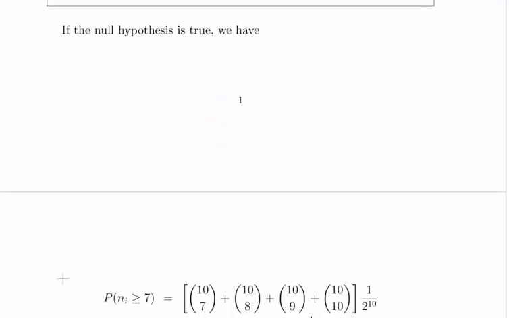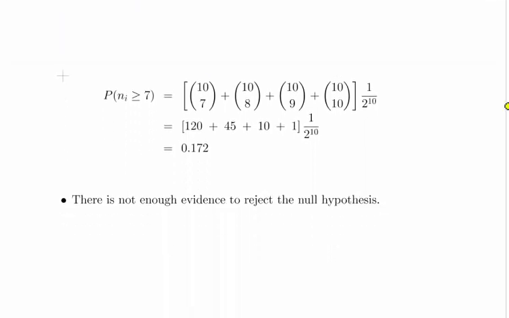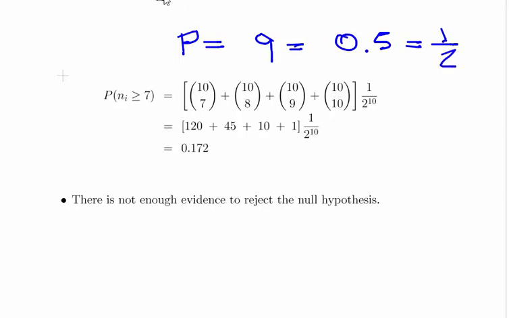When you work it out, you'll realize it pretty quickly. P and Q are both 0.5, or 1/2, and that is where we get this half here. So, the probability of N greater than or equal to 7. Essentially, what we're going to do is calculate our p-value.